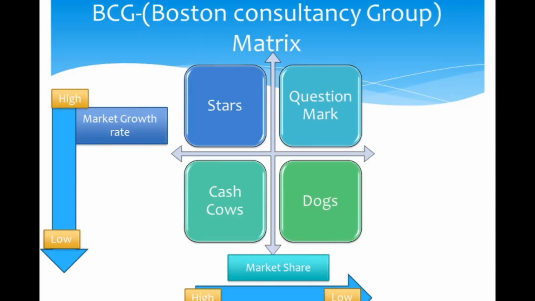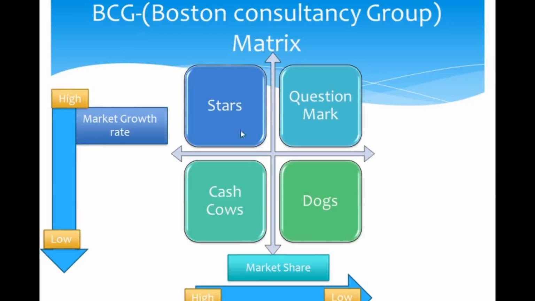This will finance the rapid growth of that company or product, and they also represent the best opportunities for expansion. So stars are the market leaders, and they have a high market growth rate. People want your product and you are the market leader of that product. Nowadays, since we are in a pandemic, there is a need for masks, right?